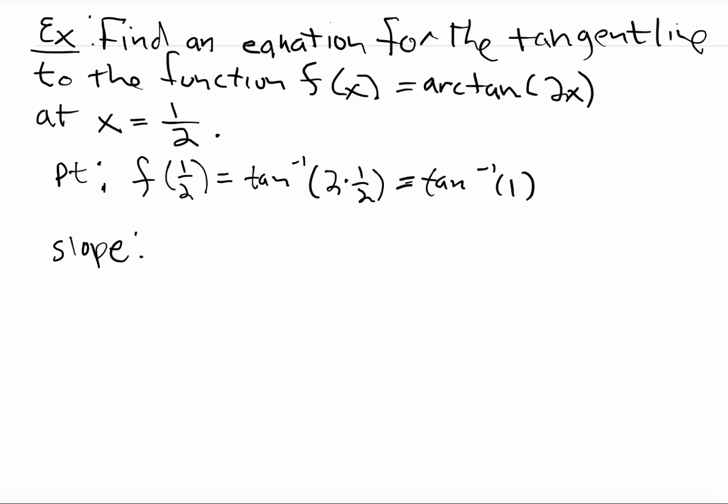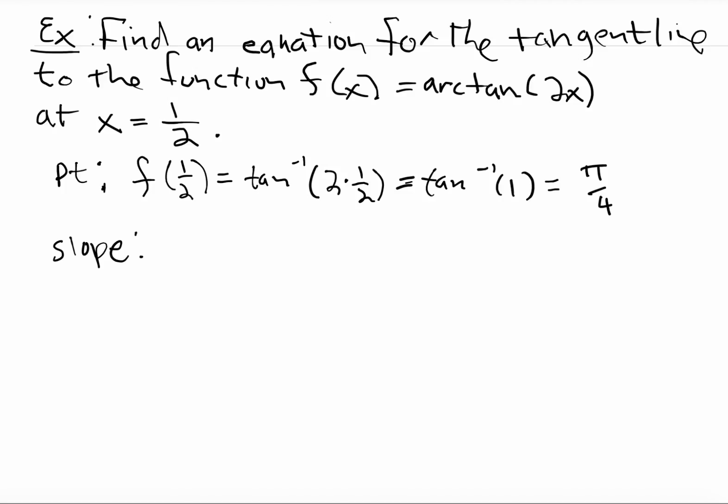Be really careful here. The range of my tangent inverse function is limited. If you stick this guy into your calculator, or if you are familiar with your unit circle, you'll note that this is the angle pi over 4, which hopefully makes sense. If we're at pi over 4, sine and cosine are the same thing, so sine divided by cosine will be 1.